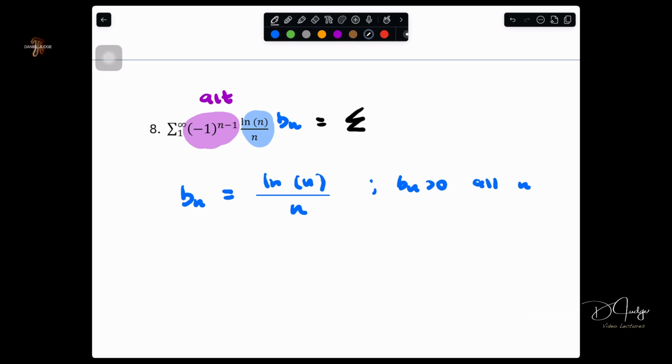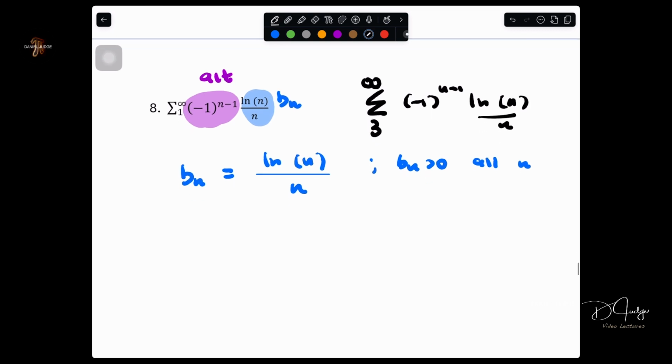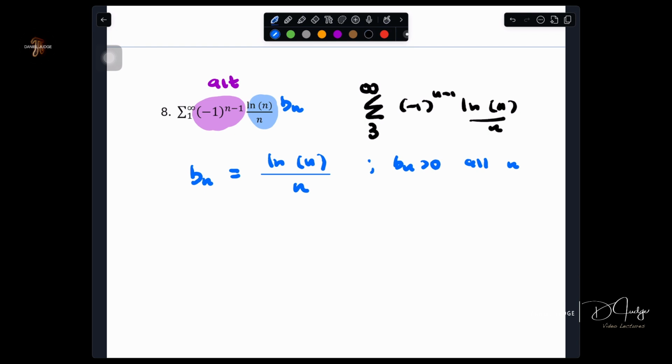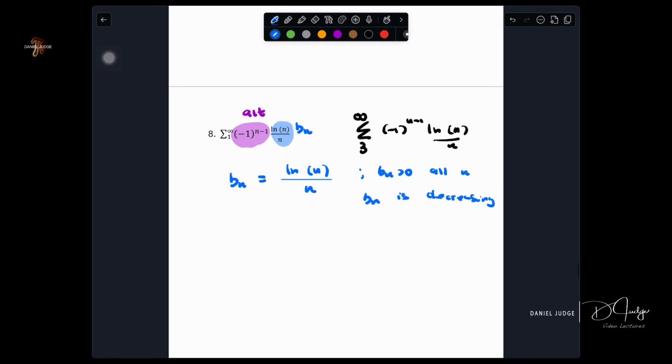So we really want to look at this starting at 3 to infinity. I think it's very easy just to remark here that for this series, Bn is positive, but Bn is decreasing starting at 3. So from 3, n equals 3.